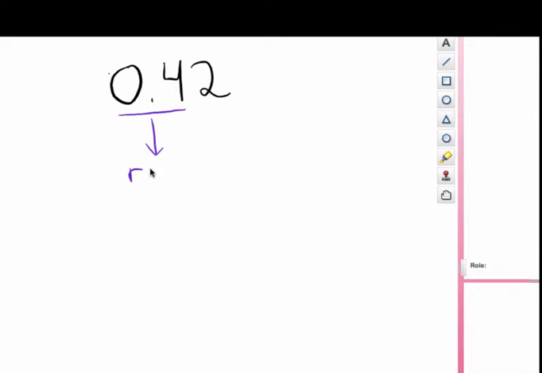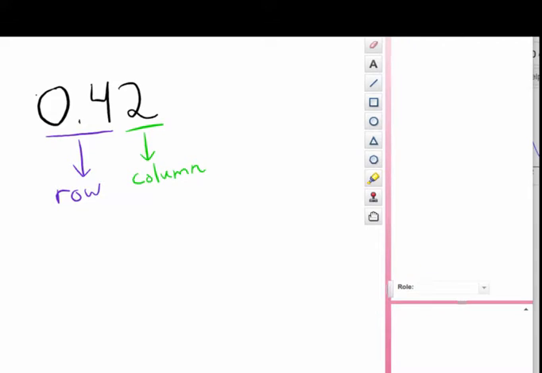These indicate the row of the table we are interested in, while the hundredths place of the decimal, or the last value, indicates the column. So we're looking for where the row of 0.4 and the column of 2 intersect.